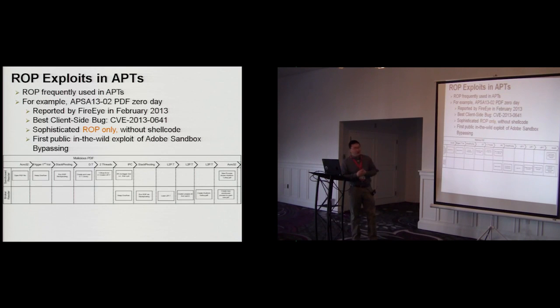This 0-day was detected and reported by FireEye. It is very interesting because they only use ROP gadgets without shellcode, which is something we didn't see before. Usually we see how to use ROP gadgets to deliver the next stage of the attack, for example enabling the shellcode. But this attack is very obfuscated. They use pure ROP gadgets to replace the shellcode. They don't need shellcode, and eventually just run the malware directly.